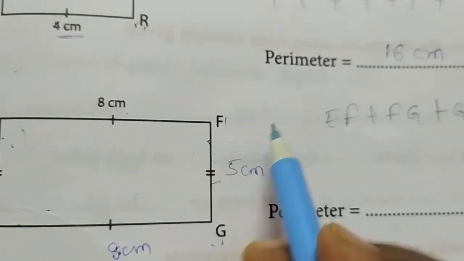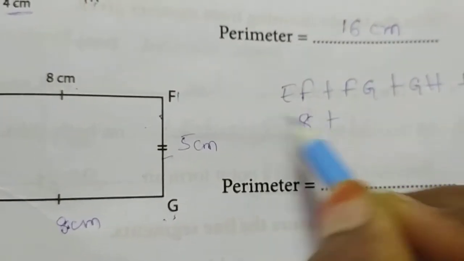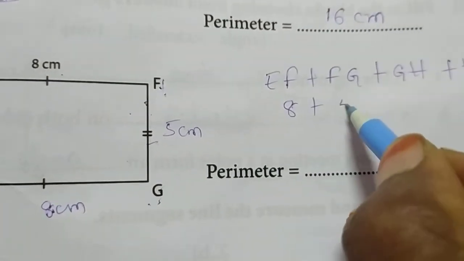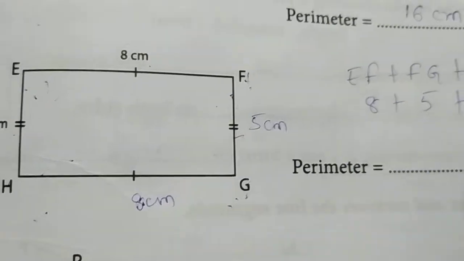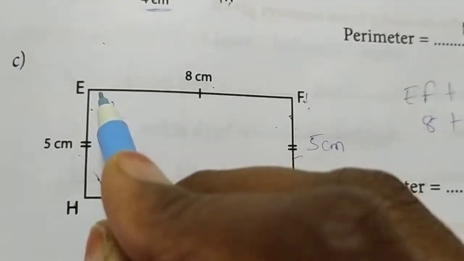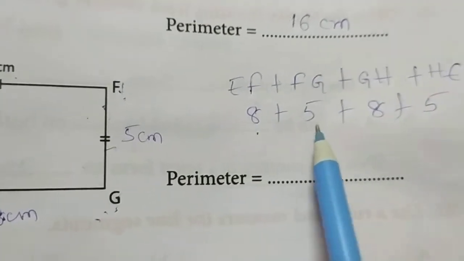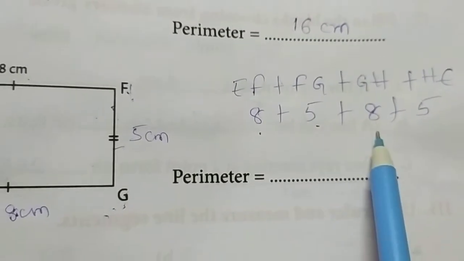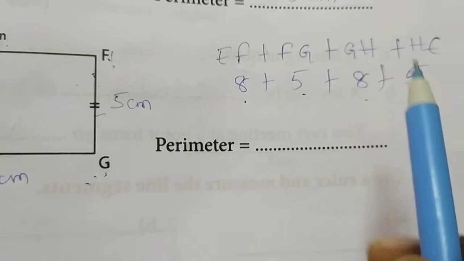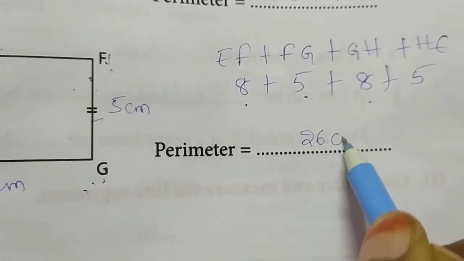What is EF? 8. How much is FG? 5. How much is GH? 8. How much is HE? 5. So when you add all this, 8 plus 5, 13, 13 plus 8, 21, 21 plus 5, 26 centimeters.